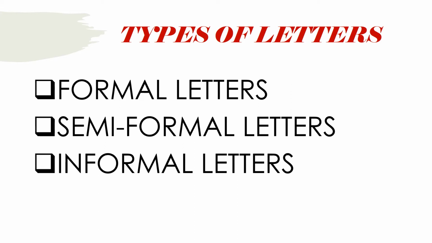So if you have to write the correct letter type, it's very important that you identify what the task is asking you to write, whether in a formal tone, an informal tone, or a semi-formal tone.